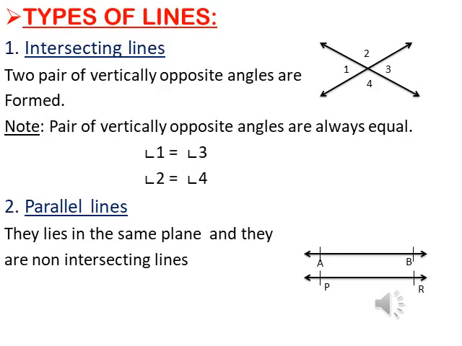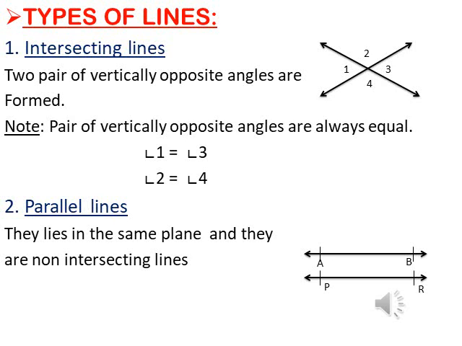Let's learn the types of lines. If we try to draw two lines, the two lines either may be parallel or they may be intersecting. If two lines intersect, we will get two pairs of vertically opposite angles. In this figure, one line is intersecting the other line and we got four angles, that is angle 1, angle 2, angle 3 and angle 4.